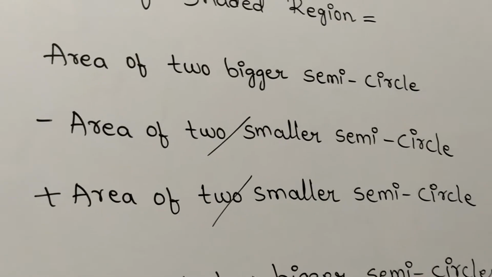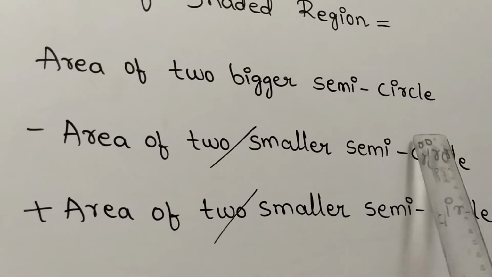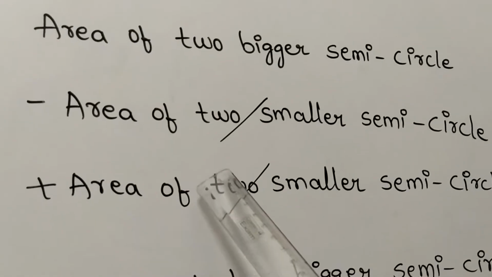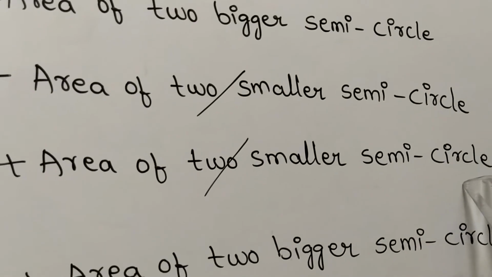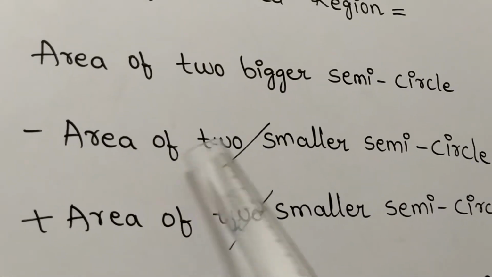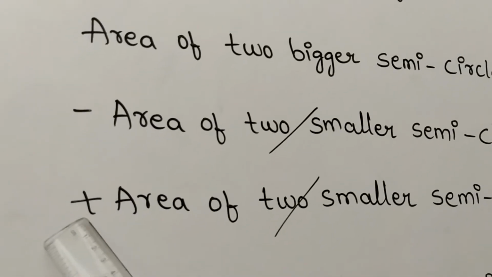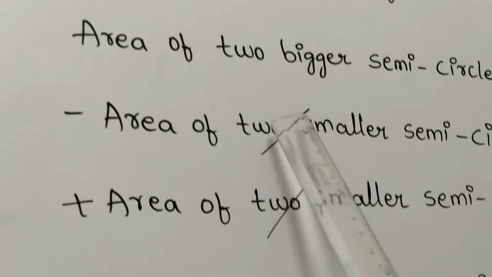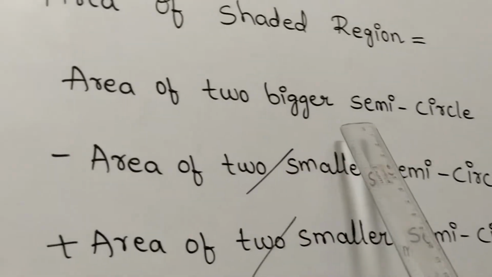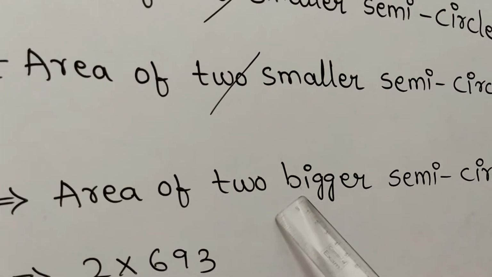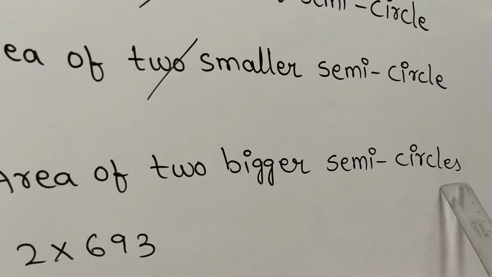That's why we are writing the area of two bigger semicircles minus the area of two smaller semicircles plus again the area of two smaller semicircles. Here, minus is there and plus is there, so cancel them. What remains is only the area of two bigger semicircles. So that itself I am writing.